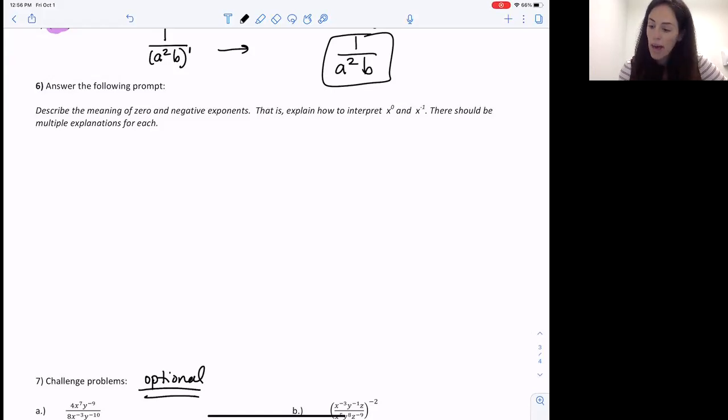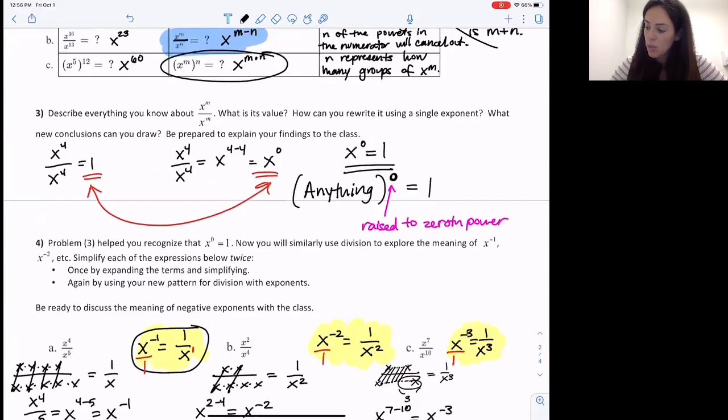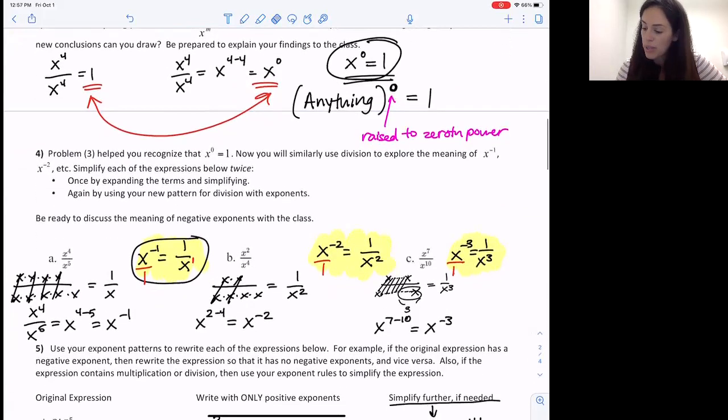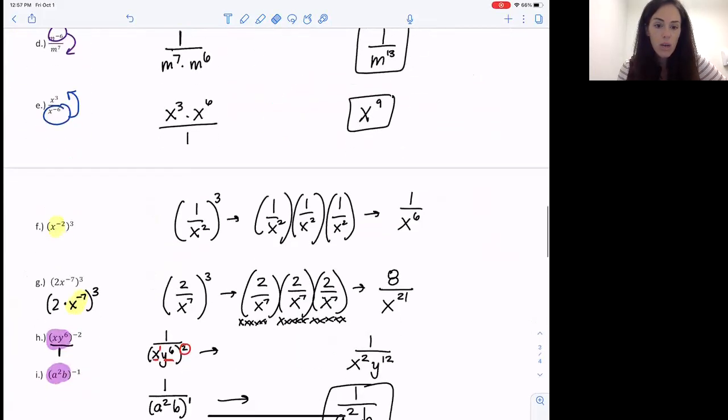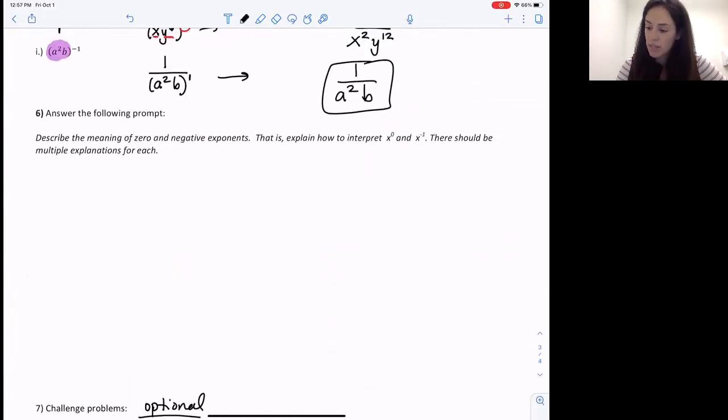Okay? Go back, look at what we did to write what a 0 exponent means. Look back at how we explained what a negative exponent means. Write yourself multiple ways of thinking about those things.